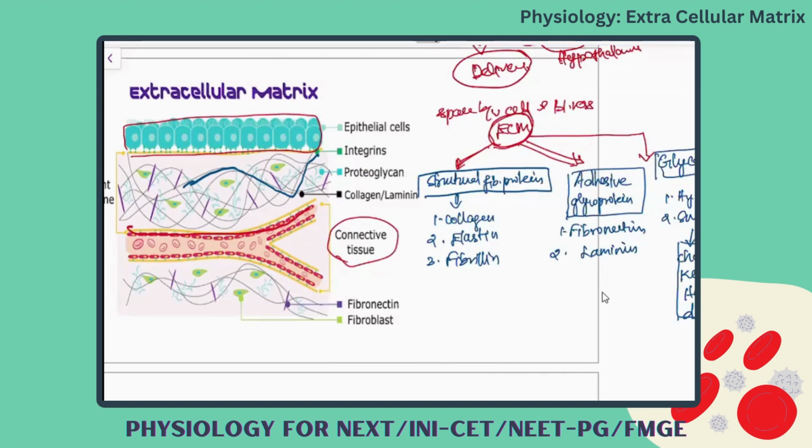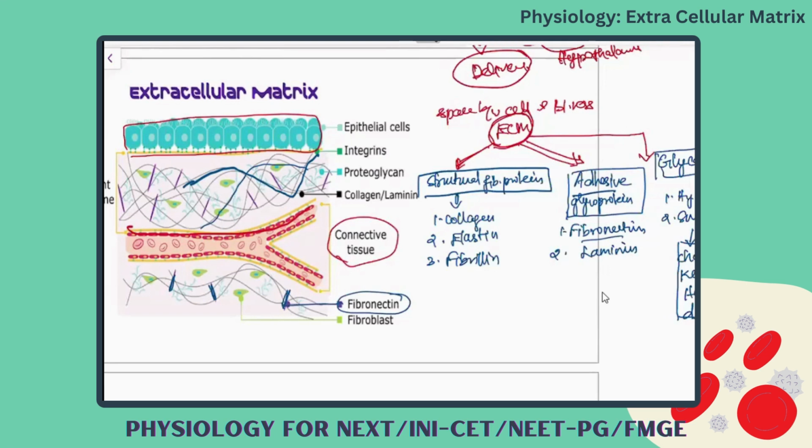And the second one is fibrillin. Fibrillin is present in between the collagen and the elastin. And then the adhesive glycoprotein: the collagen, laminin, and elastin are all adhered together by fibronectin. So this is how the extracellular matrix is organized.